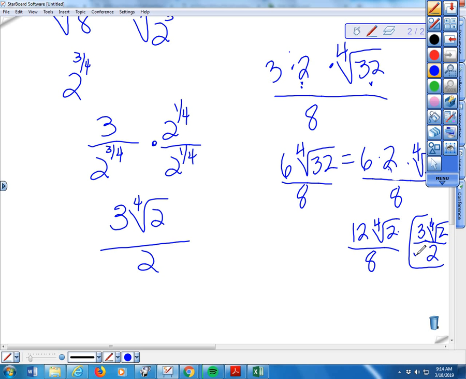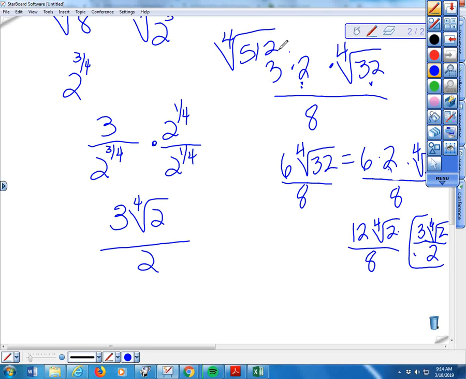I didn't have to worry about having to simplify the 4th root of 512 and getting it down to this. I got it right away because I rewrote 8 as 2 to the third power. Does that make sense? Okay, I'm recording this. Go back and watch it if you need to, because it really will help you if you can simplify first.